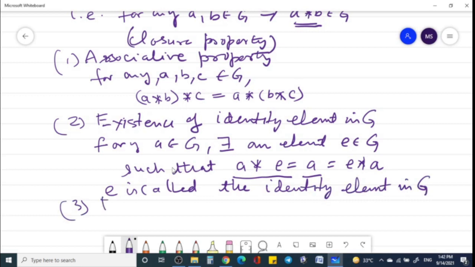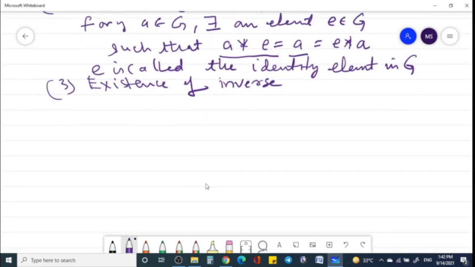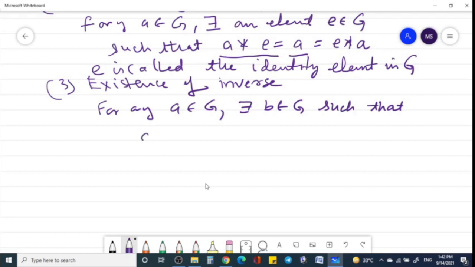Third is existence of inverse element. We define it in such a way that for any a belongs to G, there exists b belongs to G such that a star b is e and b star a is also e.